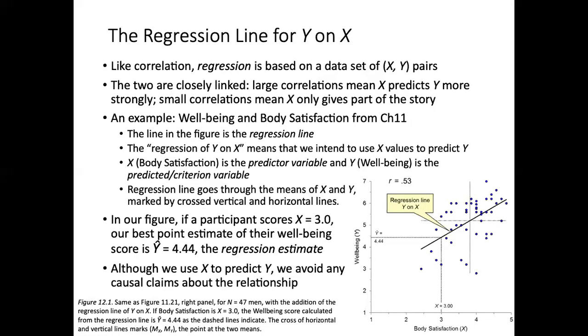If we wanted to predict for somebody with a body satisfaction rating of 3, we would predict a well-being score of 4.44 based on the regression line from this data. Even though we're talking about prediction, it's still correlation based. We're not talking about any causal relationships here.